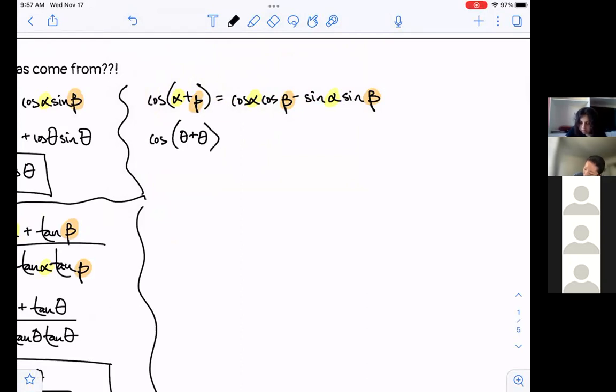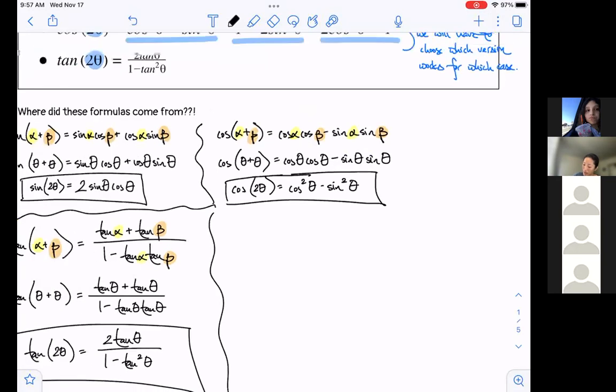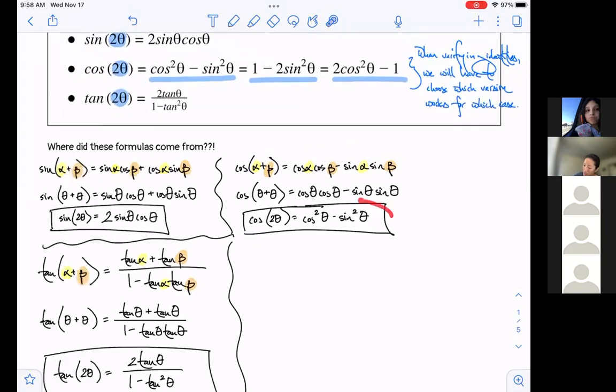We would get cosine theta cosine theta minus sine theta sine theta, right? And we'll get cosine of 2 theta equals cosine squared theta minus sine squared theta. And this, my friends, is one of the versions of the cosine double angle formula. Okay, so if we peek back up here, we have cosine squared minus sine squared, which is the first one of these versions. Okay.